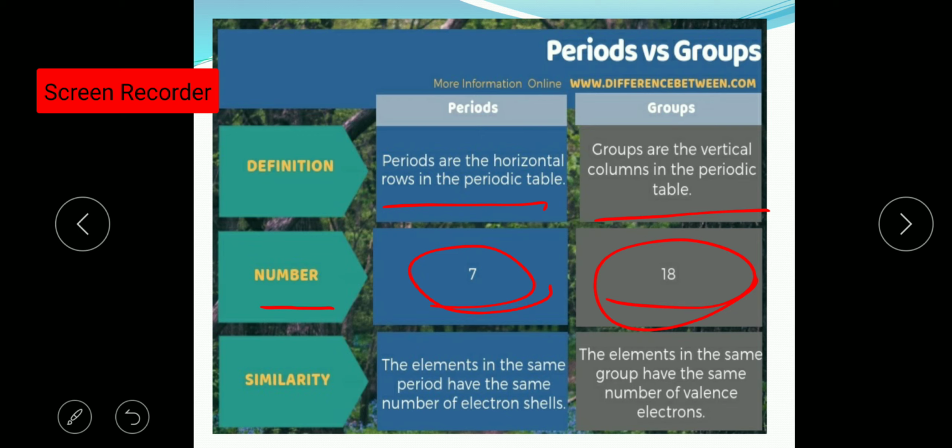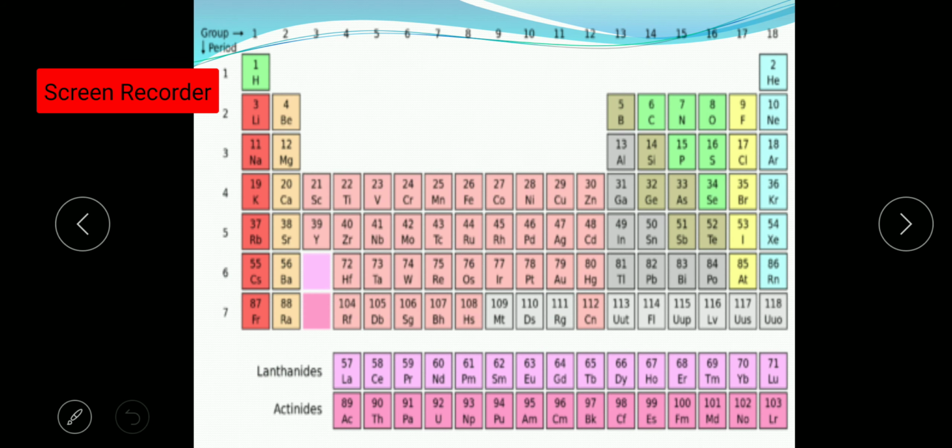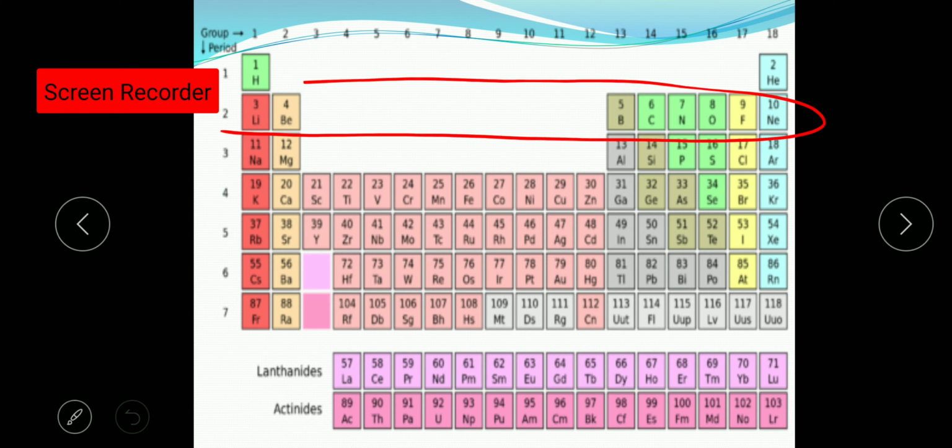Then what is the similarity? The elements in the same period will have the same number of shells. Just see here, for example period 2. Lithium, atomic number 3: 2 electrons in the first shell and 1 in the second. Beryllium 2 and 2.